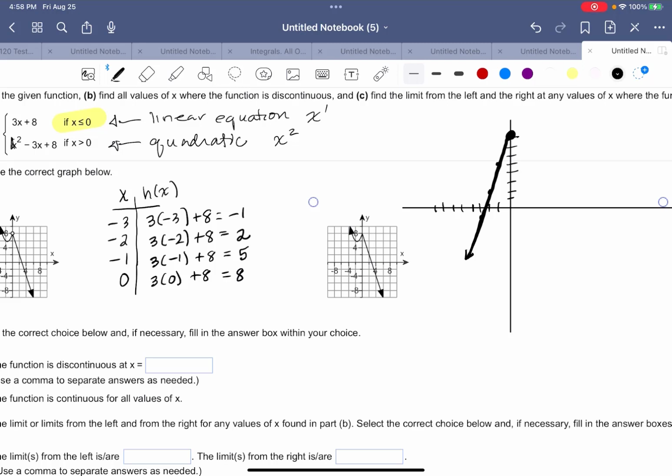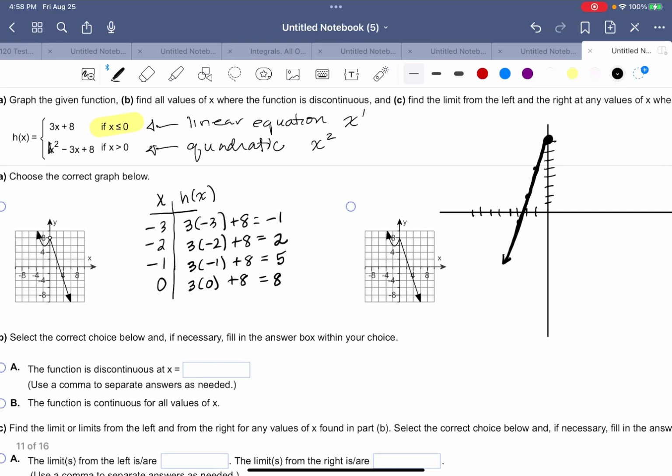Now I have to look at the quadratic side. That's the U-shaped side. And I have to pick some values where x is larger than 0, but I need to start with 0 and remember to put an open circle because it's going to go right up next to 0, like 0.00001.